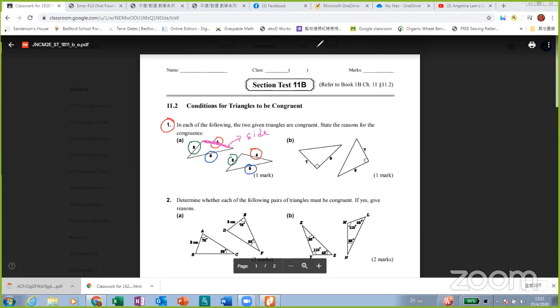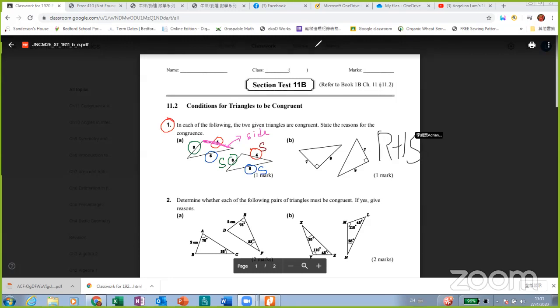Therefore, in this case, first, this pair of sides are equal. And then I also have this one equal. And then I also have this pair equal. Therefore, the information that we have for these two triangles is side, side, side.